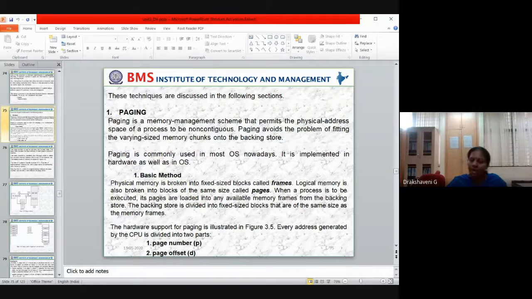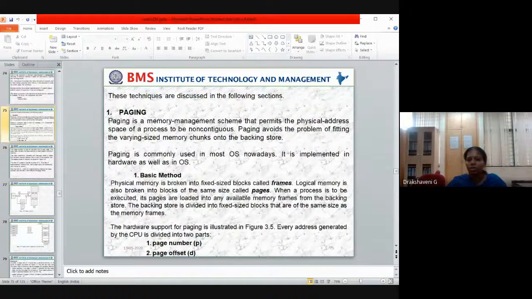Your hard disk space. And logical memory is the CPU memory, temporary memory. So now your hard disk is divided into fixed-sized blocks, which we call frames. In the same way, your CPU memory is also divided into blocks. Those are called pages.